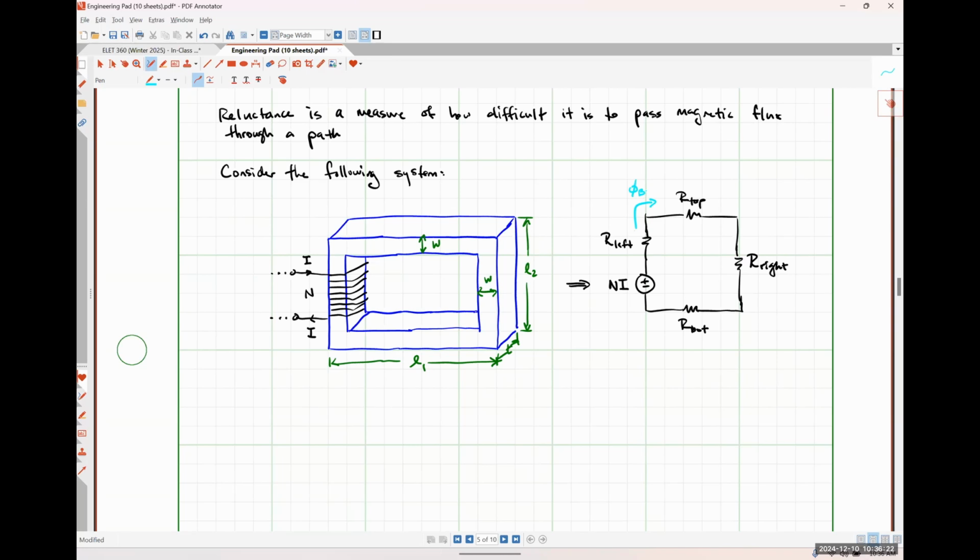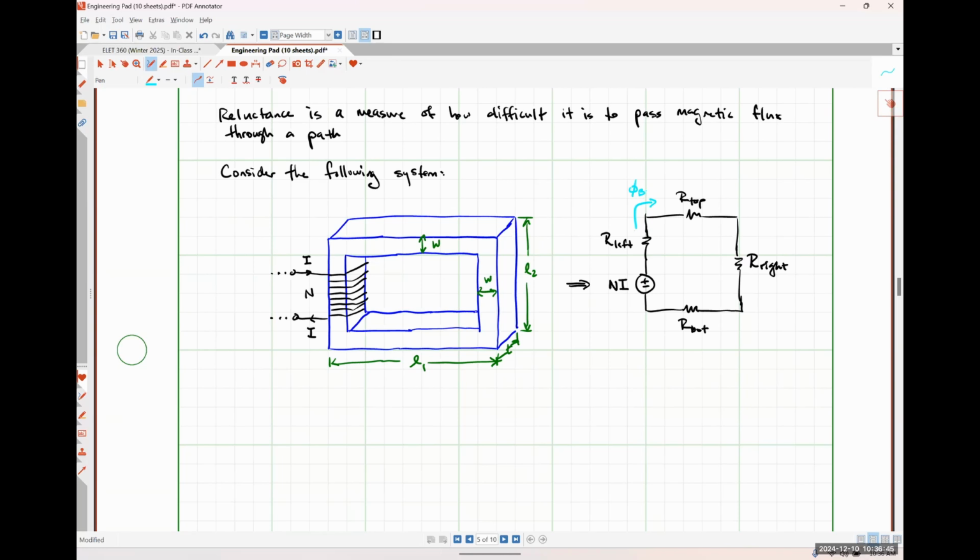Okay? So if we wanted to figure out the flux flowing around our circuit, for instance, or the amount of MMF required to push some amount of flux around our circuit, things like that, we would need to know what the reluctance of this core is, okay?